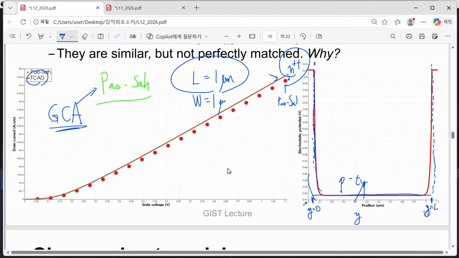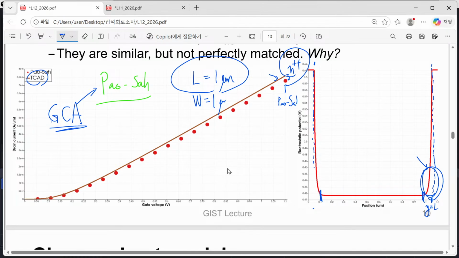So therefore, this part and this part cannot be fully used as our entire MOSFET channel. A small part of these two parts should be considered as a non-channel, unused part of our transistor. So simply speaking, our actual channel in our numerical calculation should be considered as around here and around here.